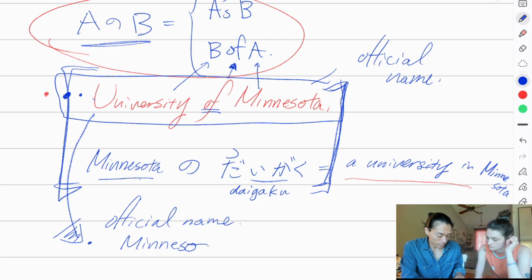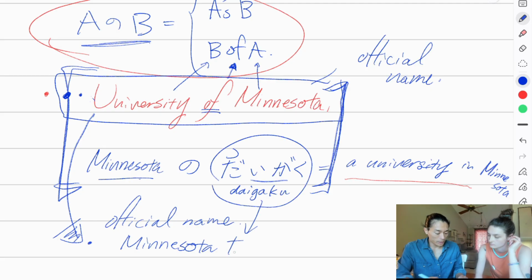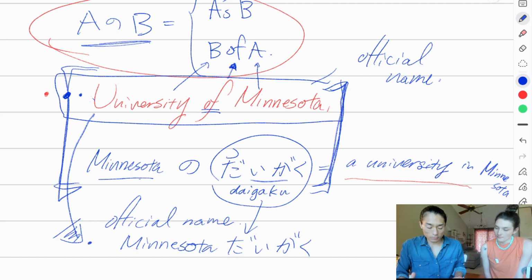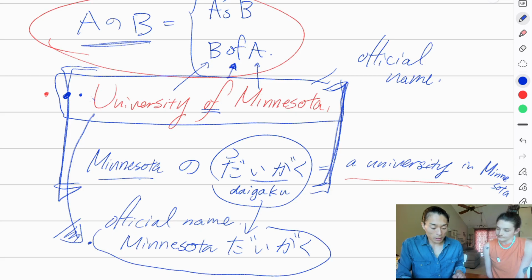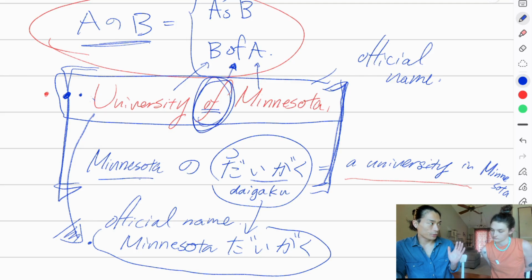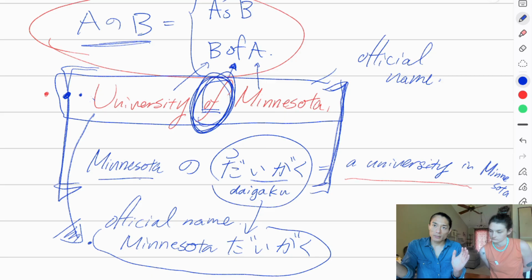So there's no particle. Where I'm trying to get at is whenever "of" is part of an official name, then when you want to translate that, you want to use the official name version in Japanese.